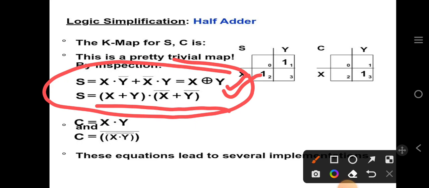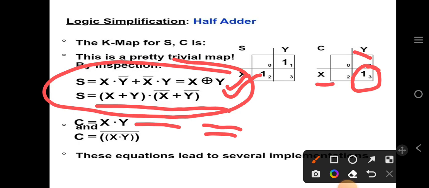Now for the carry, there is only one group. What will be the equation for this? X and y. So x dot y. X dot y can also be represented as x dot y double bar, because putting a double bar over any variable does not make any difference.